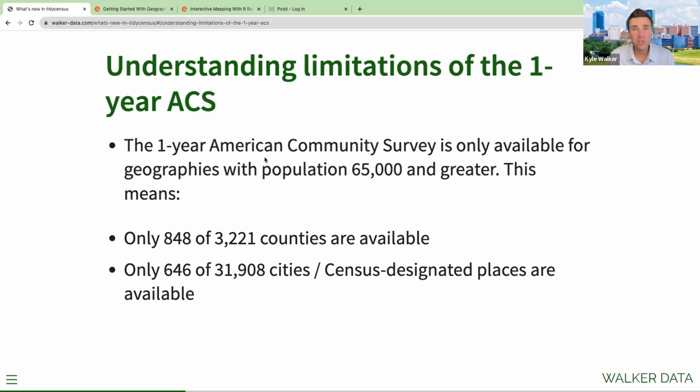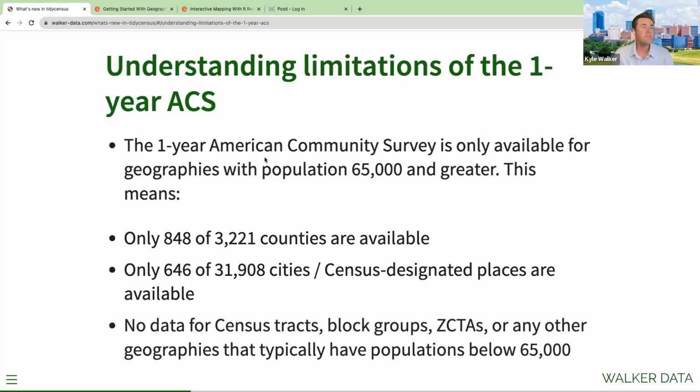And so yes, 646, you're still going to get your data for your New York or your Dallas or your Chicago, or indeed a lot of other places, but you might have small suburbs within a metro. You won't get data for that. Or you might have pretty important rural towns within a region that are population hubs of 30,000 people. You won't have data for that either. And so there are limitations, and you need to think this through when developing your strategies for analyzing the 2022 data.